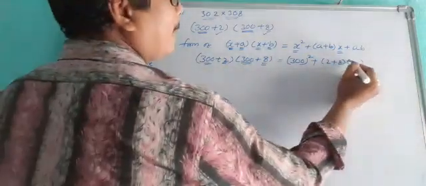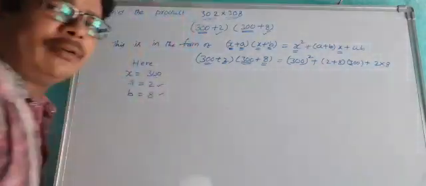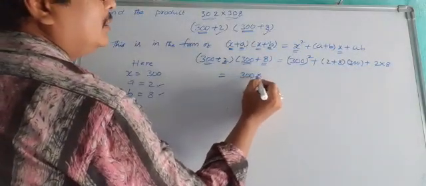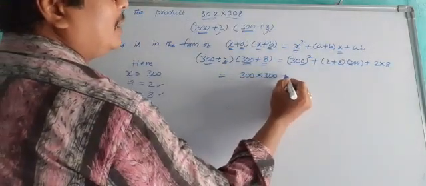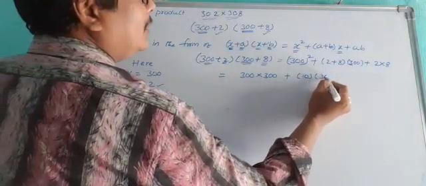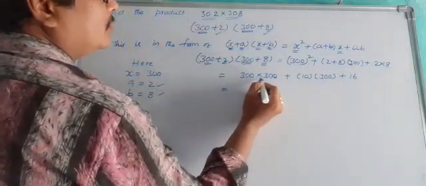So x², 300 squared, plus (a + b), 2 + 8, into x, which is 300, plus ab, 2 into 8. 300 squared means 300 is multiplied 2 times. 2 + 8, 10, into 300, plus 16. So how many zeros? 4 zeros.